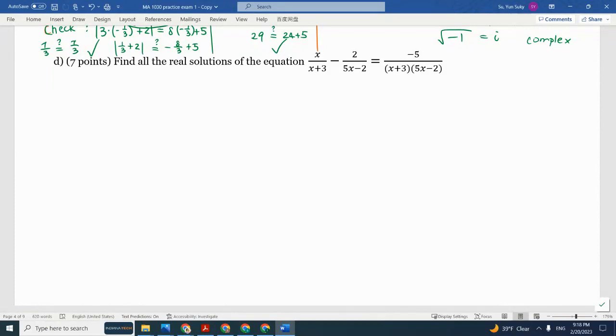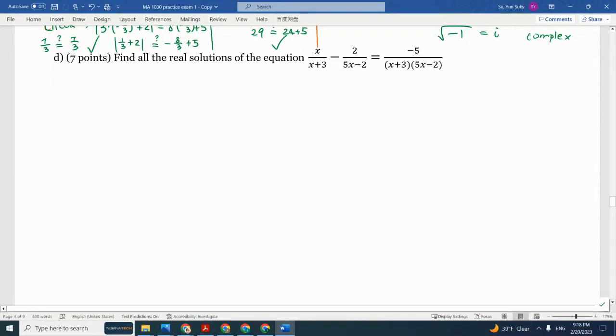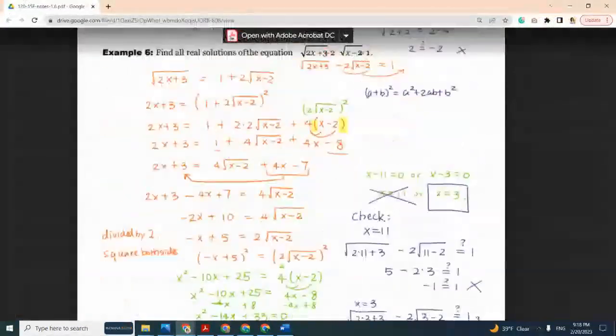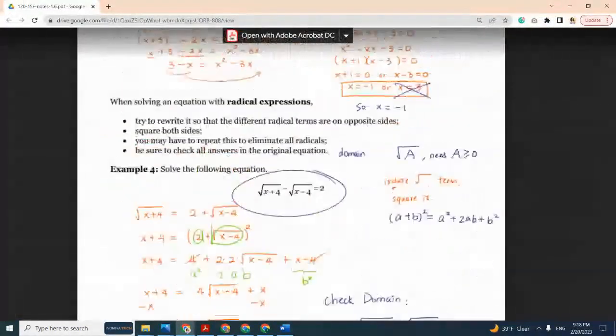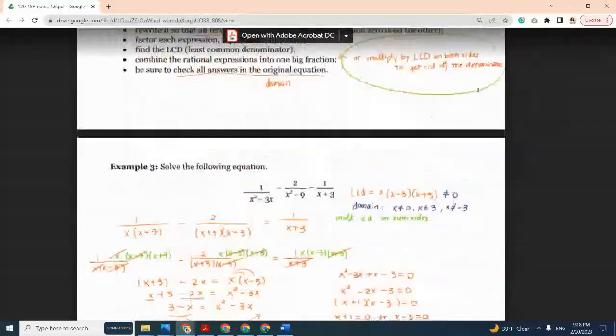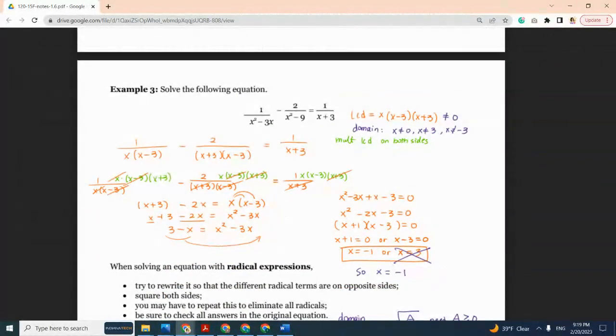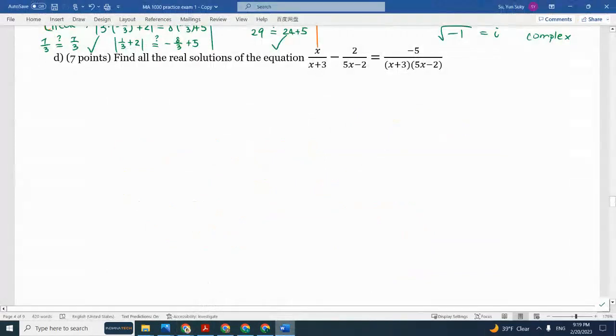All right, part D. This is solving equations involving rational expressions. So what do we need to do? We need to find the least common denominator and set it not equal to 0.